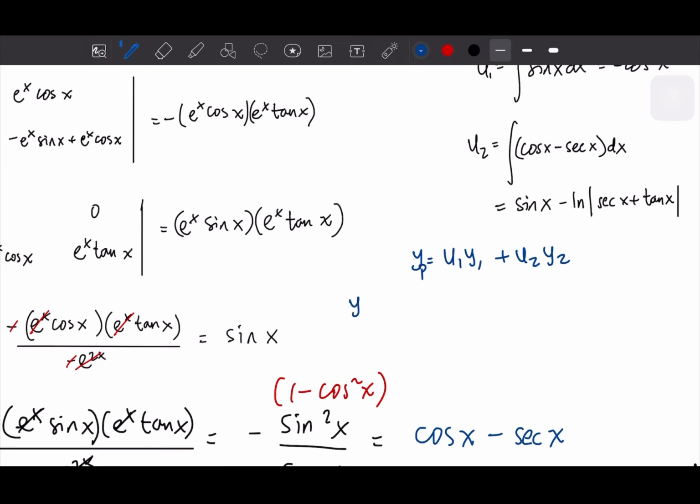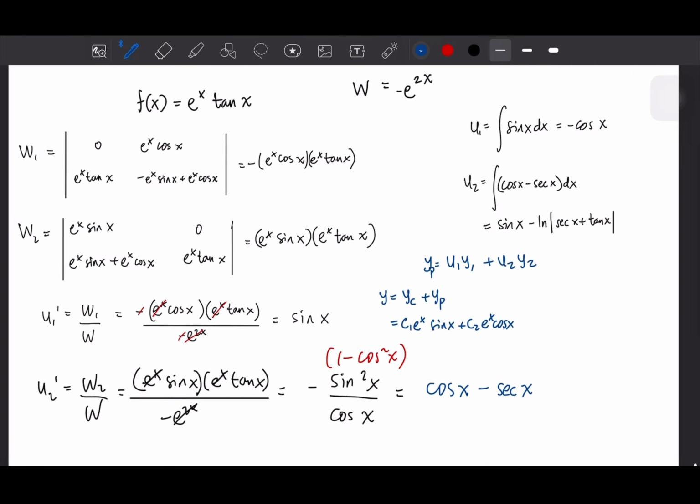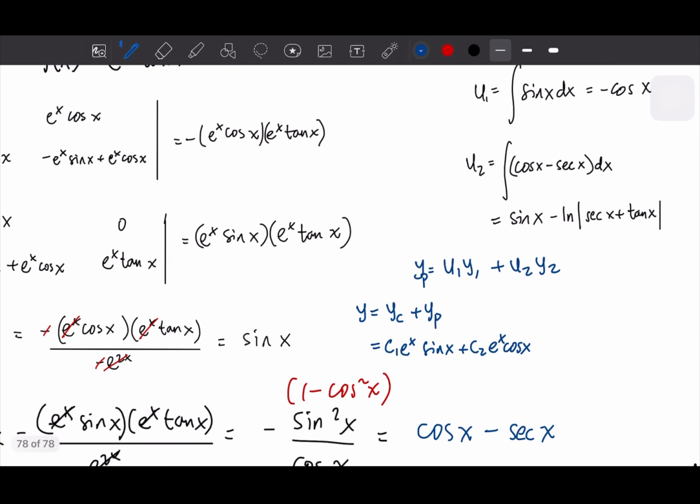Let me write y is yc plus yp. So yc is c1 e^x sin x plus c2 e^x cos x. And then we multiply all together with the yp. u1 is minus cos x, multiplied with the e^x sin x.